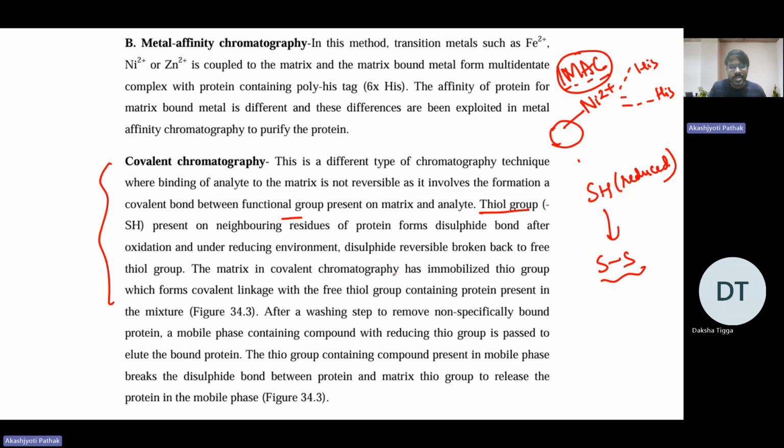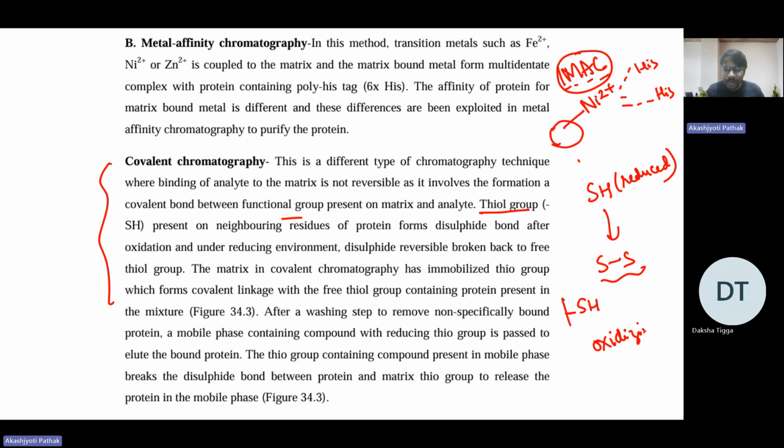Okay, so the matrix in covalent chromatography has immobilized thiol groups. Immobilized thiol groups means what? The matrix will have SH groups, and it will form a covalent linkage with the free thiol group containing protein. So in the oxidizing environment, what will happen?